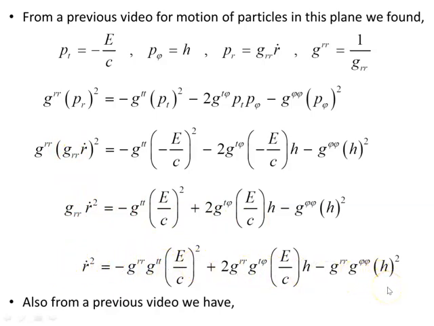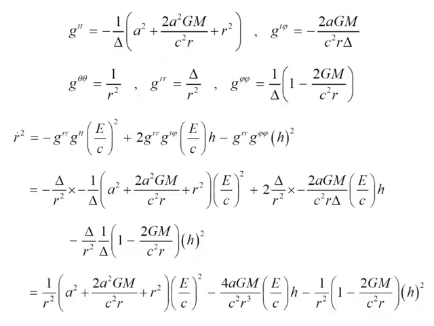Now also from the previous video, we have these inverse metric terms, and we're going to substitute those in as well. So when we do that, the inverse metric component g^rr is delta on r squared. Put that in here.